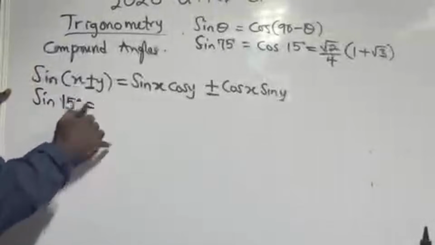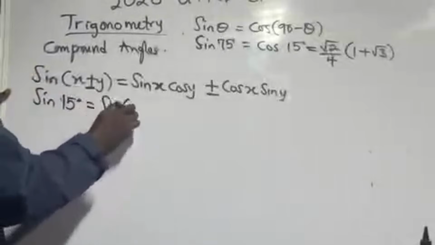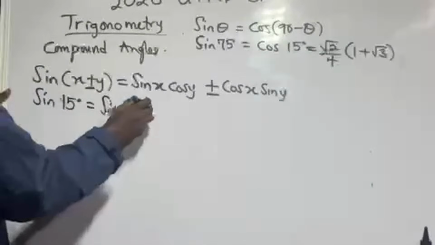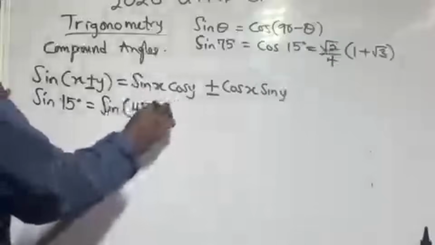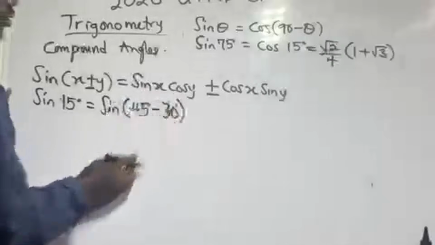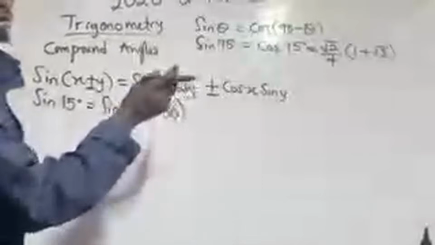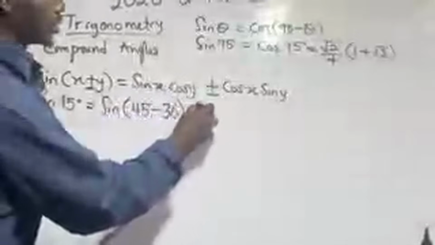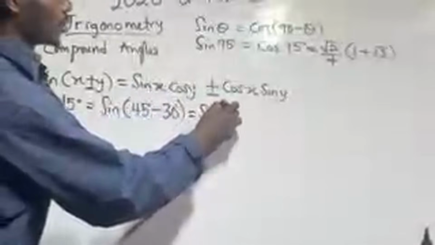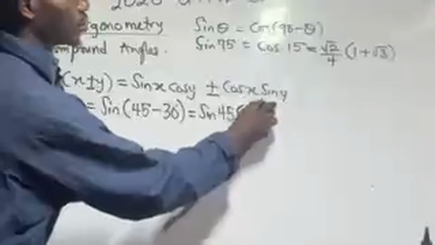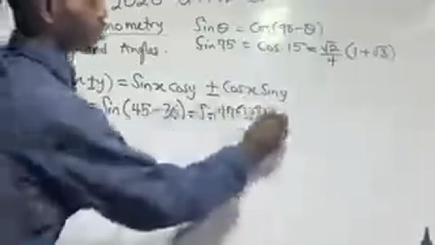Sine 15. 15 should be gotten by saying 45 minus 30. Yes. Okay? Now it is still sine, so you have to use the sine cos, cos sine. So you see, sine 45 cos 30. But since this is minus, this one here will what?